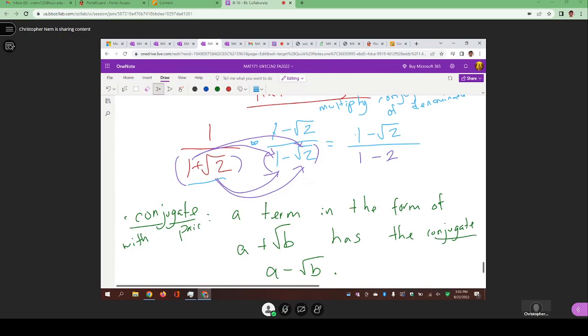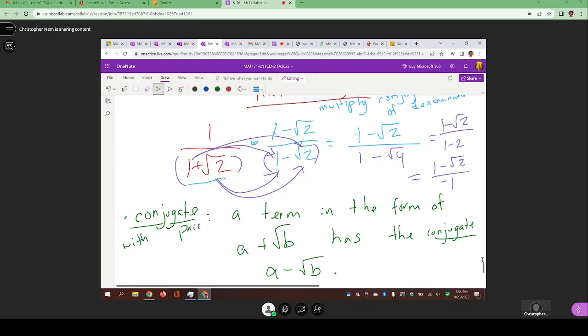So your radical is removed in that case. Your square root 2's will get removed. Let me be more specific. This is actually square root 4, if you didn't see that. And then this becomes 1 minus square root 2 all over 1 minus 2, which is going to give you 1 minus root 2 over negative 1.